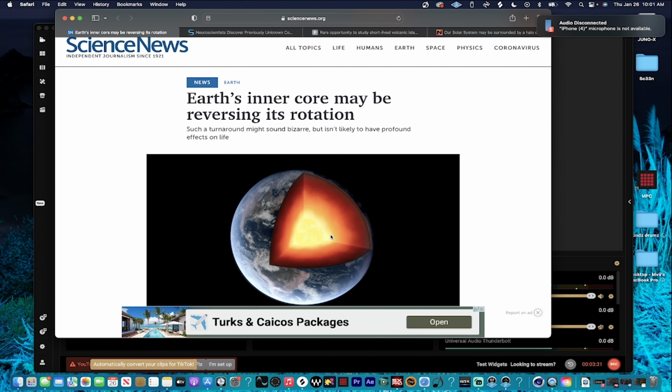Because if it does, I don't even think the sky should be blue if this goes down. So many things are tied to the magnetic field. I'm not saying we gonna look like Venus, you know what I'm saying, but the magnetic field, from what they tell you, is very important.